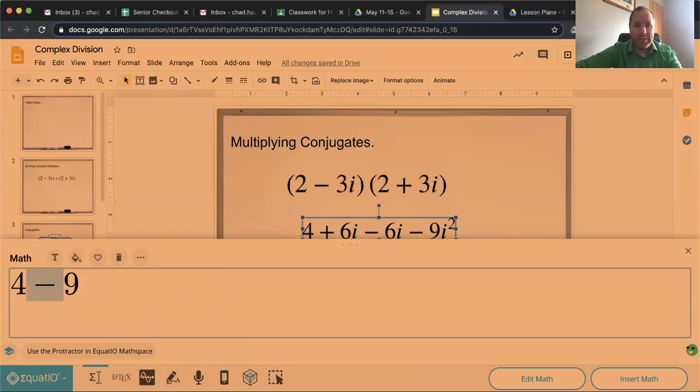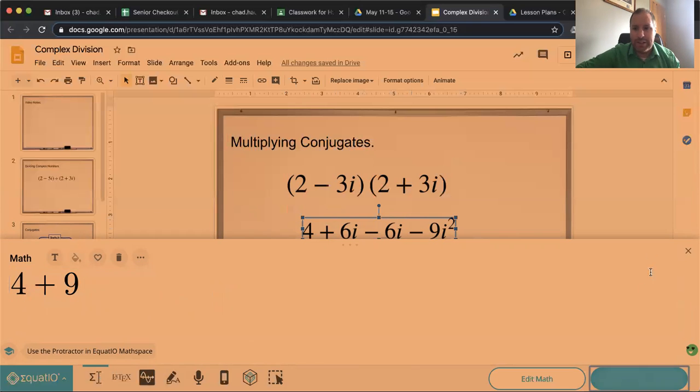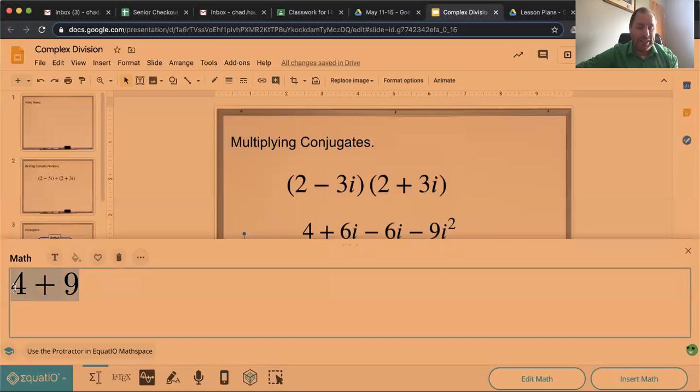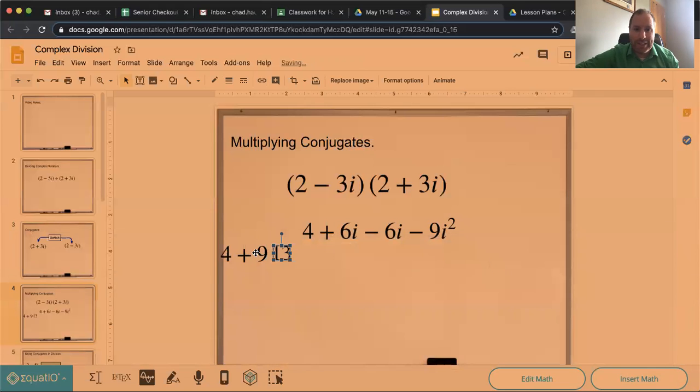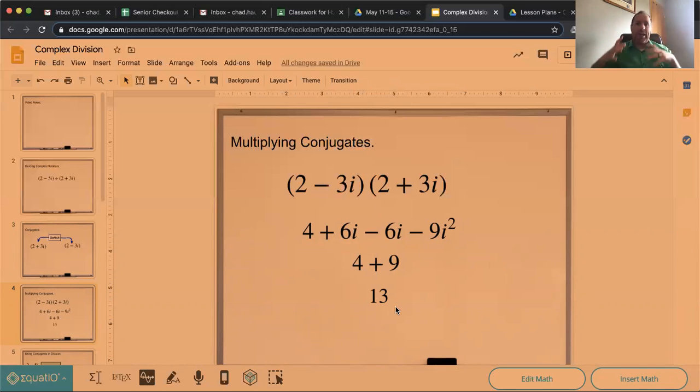So that should change this to a positive 9, which then we can just do 4 plus 9 is 13. So whenever you multiply by a conjugate, you should get just a single number as a result when all is said and done. And that's the key feature that we're going to use. If you multiply by a conjugate, you get one single number to come out of that.